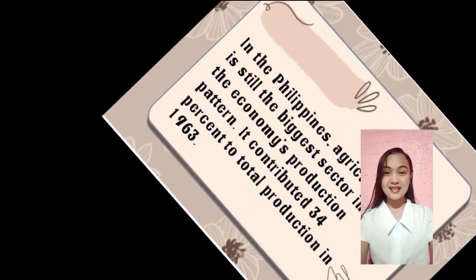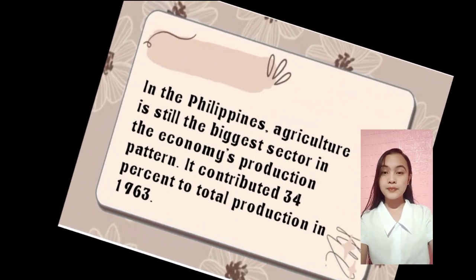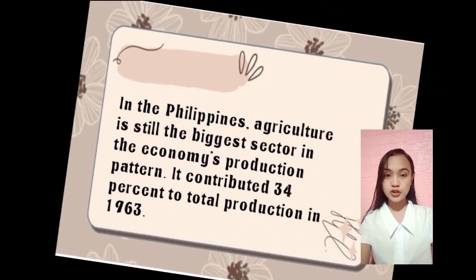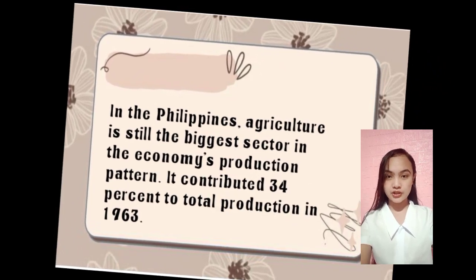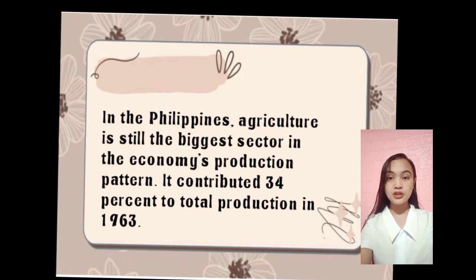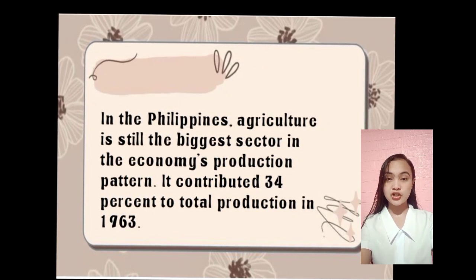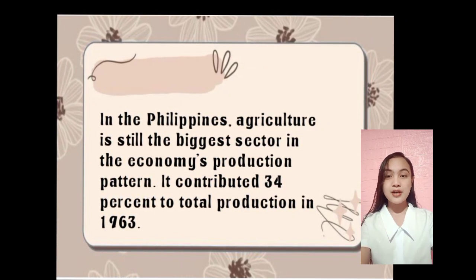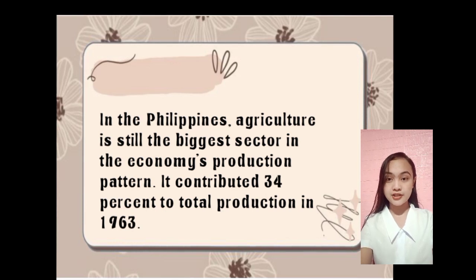Moving on to the next slide, we have here in the Philippines, agriculture is still the biggest sector in the economy's production pattern. It contributed 34% to the total production in 1963. Manufacturing, however, registers increases. As a percent of total in 1953, it jumps to 18.5% in 1963.